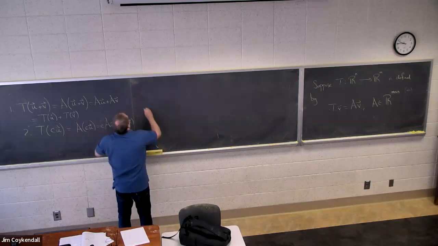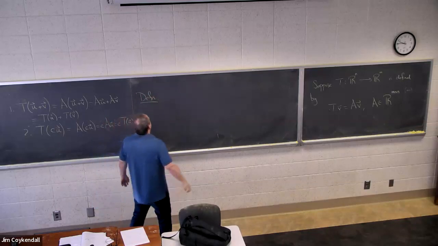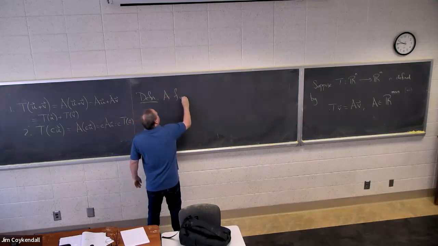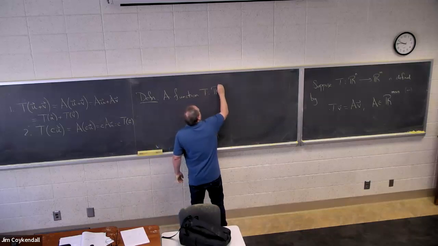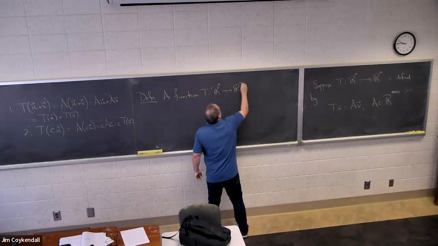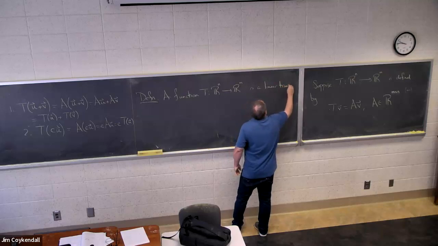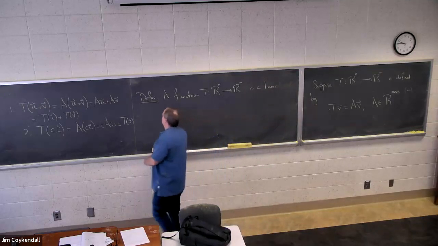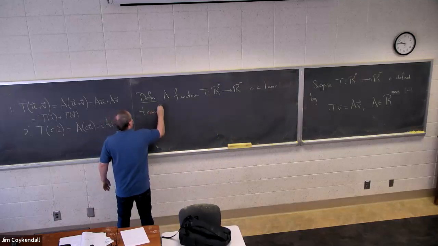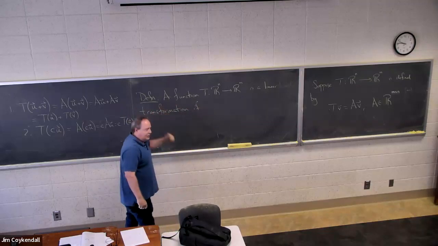So we've been doing linear transformations all day, but here is the actual definition: a function T from Rn to Rm is a linear transformation if it satisfies these two properties.